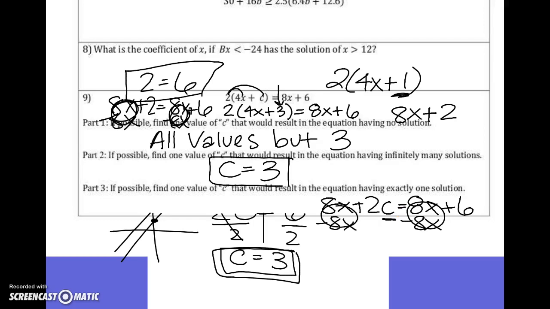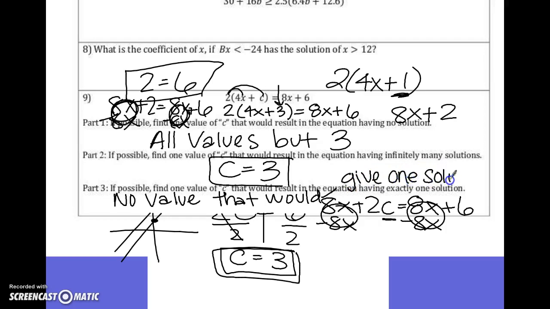So in this problem, there is no value that would give one solution. It cannot happen. There's no possible value that will make that happen.